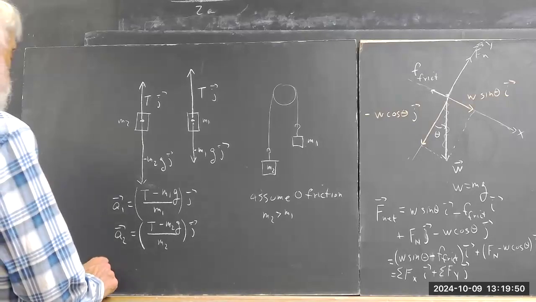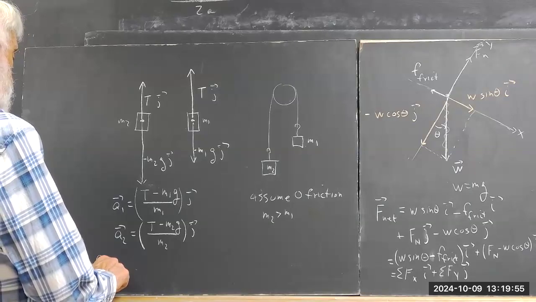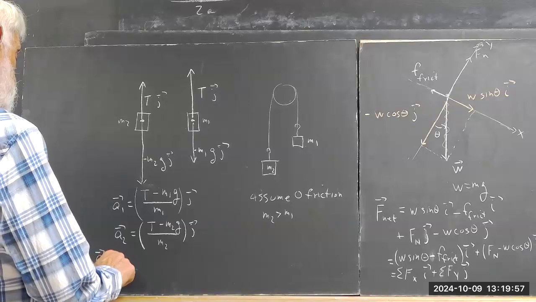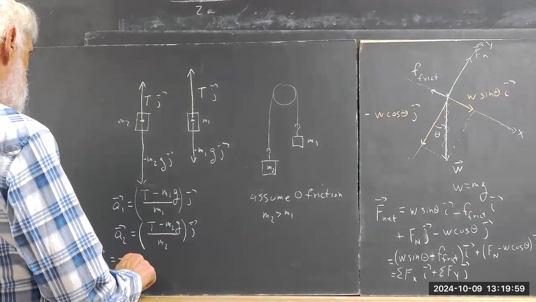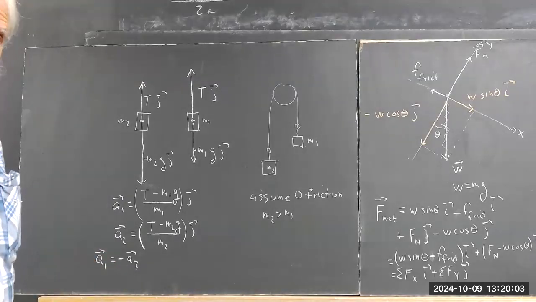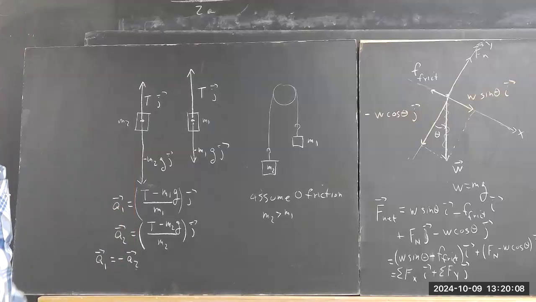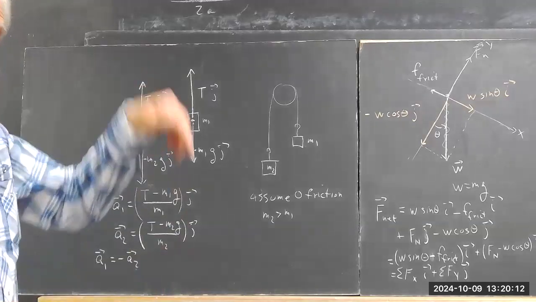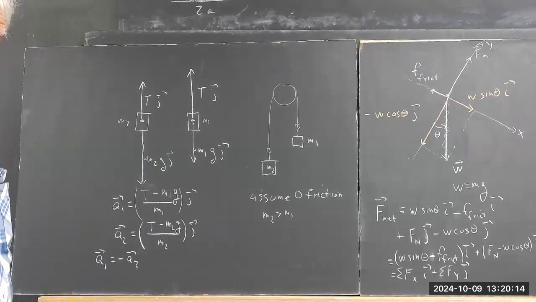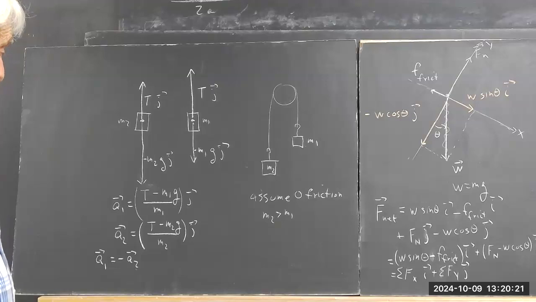We also noticed A1 and A2 are equal and opposite. One is accelerating upward, the other is accelerating downward. The string's not changing in length, so if this one's moving up at 5 meters per second, that one's got to be moving down at 5 meters per second. Okay? So there it is, set up mathematically.